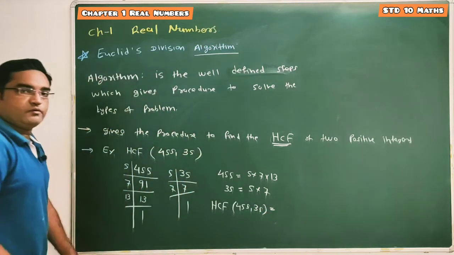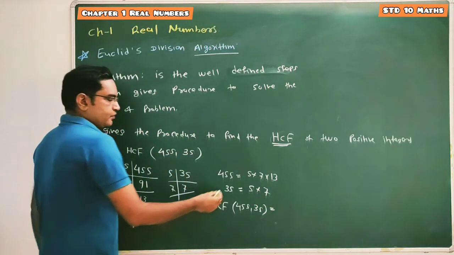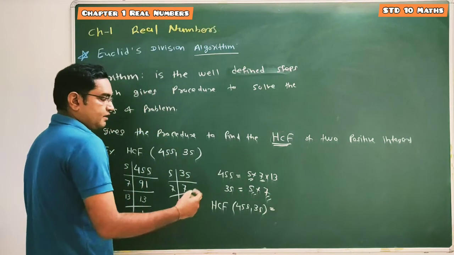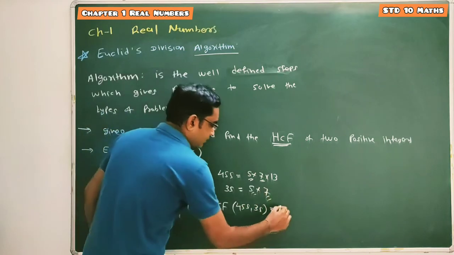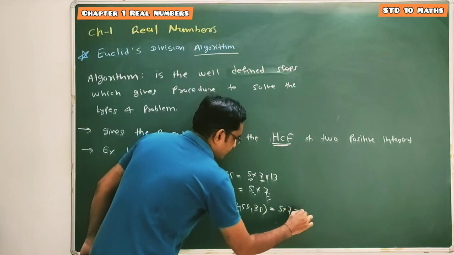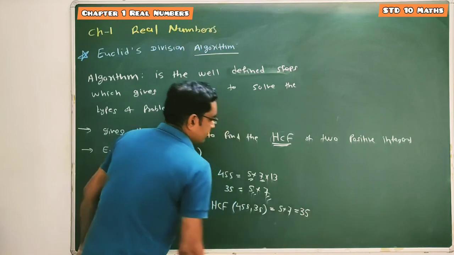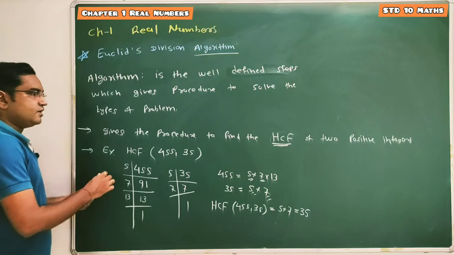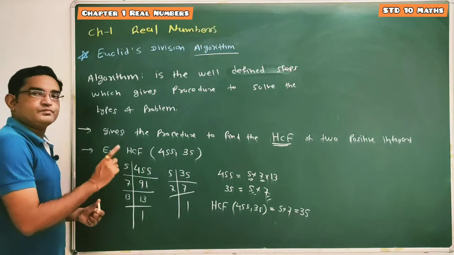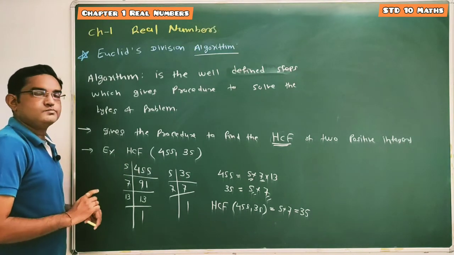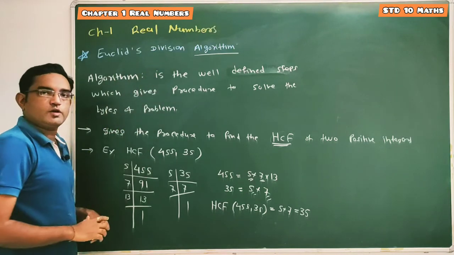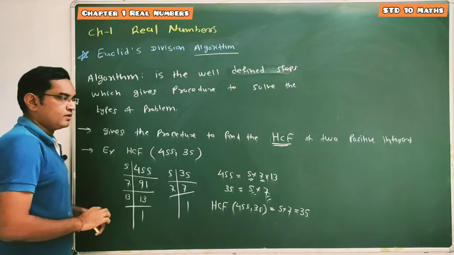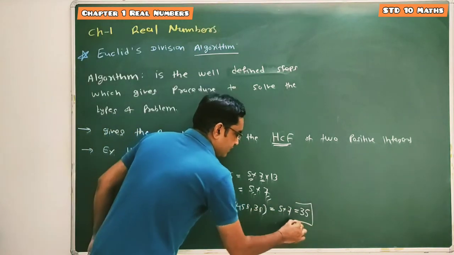HCF means highest common factor, so we find the common factors and the highest value. 5 is common, 7 is common, so 5 into 7 is 35. So 35 is the HCF of these two numbers by prime factorization. Now we will study Euclid's division algorithm, and by using it we will find the HCF of these numbers, and our answer will be 35.